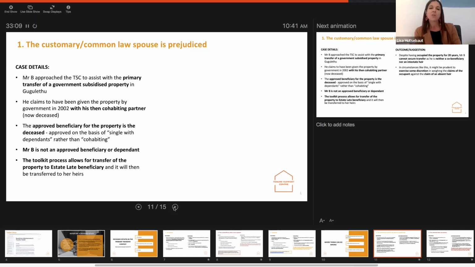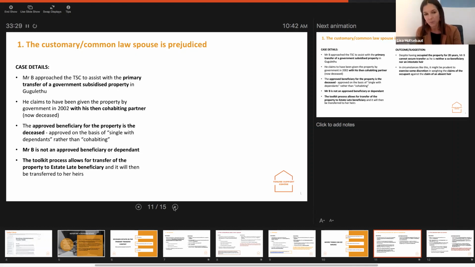He still lives in that property, and he's now coming to us and saying, well, what can I do? So as we've seen in the third process we've just outlined, we have a process for how to transfer a property to an estate late beneficiary. The deceased in this scenario wasn't married, so there's no surviving spouse.